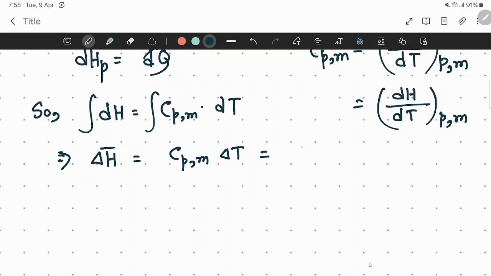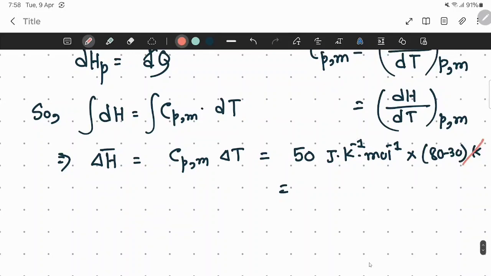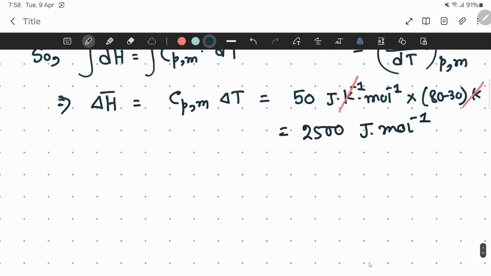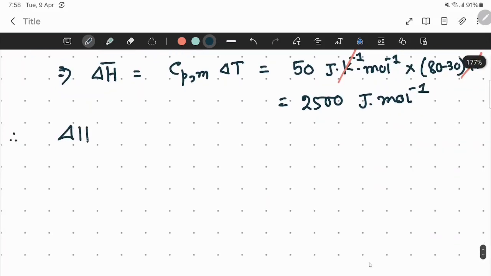So what is CPM? That is given, 50 joule per Kelvin per mole. And what is del T? 80 minus 30 Kelvin, because we know the difference in centigrade equals the difference in Kelvin. So Kelvin will be cancelled out. Clear, it is 50 into 50, so this is joule per mole for 1 mole. Now we have to calculate total H. Del H should be N del H bar. What is N?